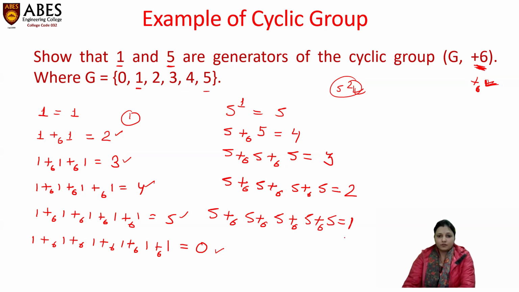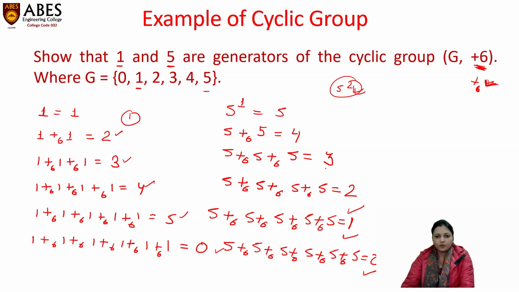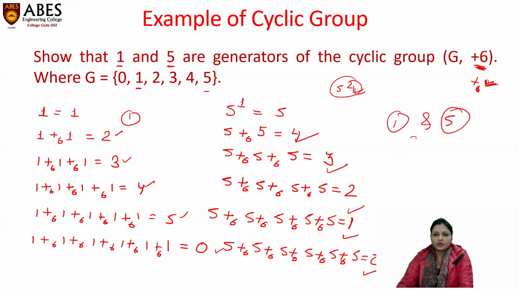And the last one is 5 to the power 6. The sum will be 30, and we will get 0 as the output. So using 5 also we can generate the remaining elements 0, 1, 2, 3, 4. So 1 and 5 are generators of this group. Hence this is a cyclic group.